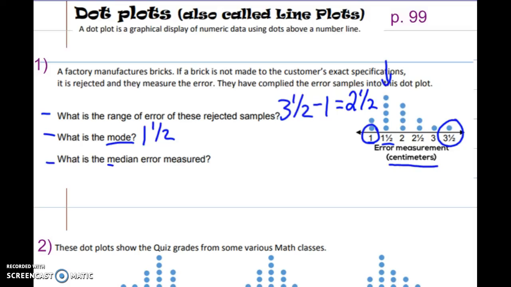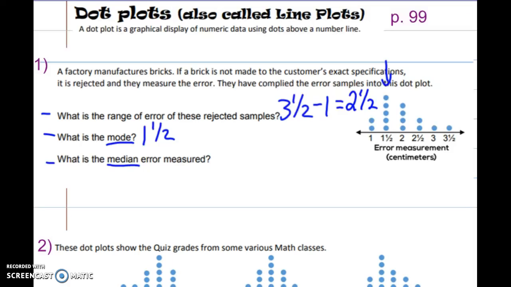The next question is asking you for the median, which is the number in the middle when your data is put in order from least to greatest. Well, with a dot plot, the numbers are already in order from least to greatest, so all you have to do is find the dot that is in the middle.